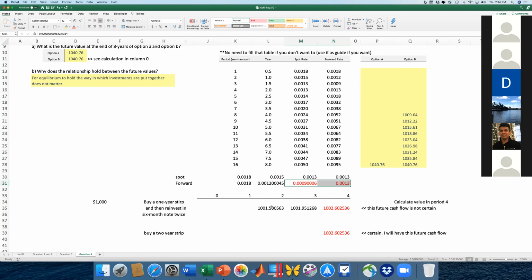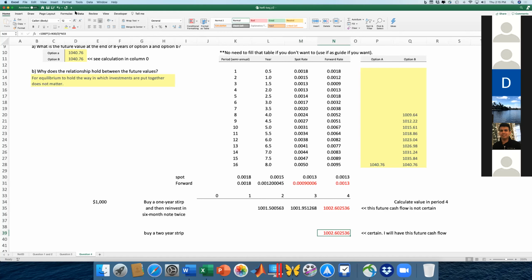So the shorter maturity bond you invest in, the lower the yield is that you're going to receive. But if yields are going to go up in the future, you would be better off with these shorter term bonds, and vice versa. If yields go down, you would be better off with this longer term bond.